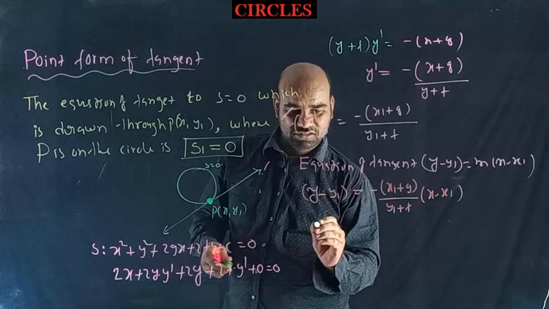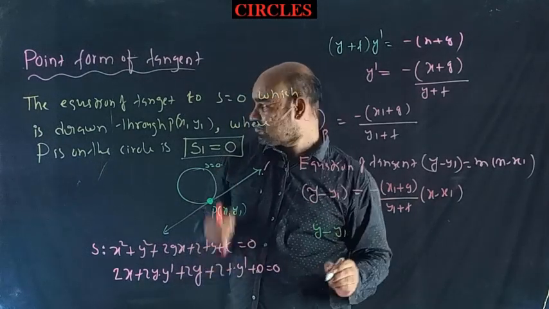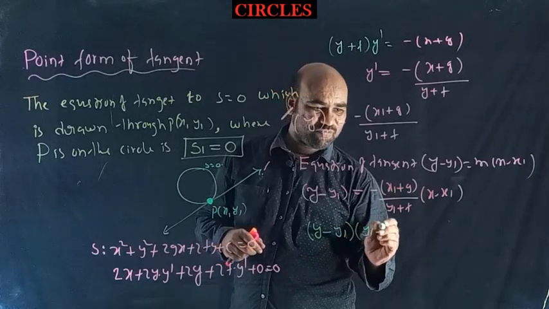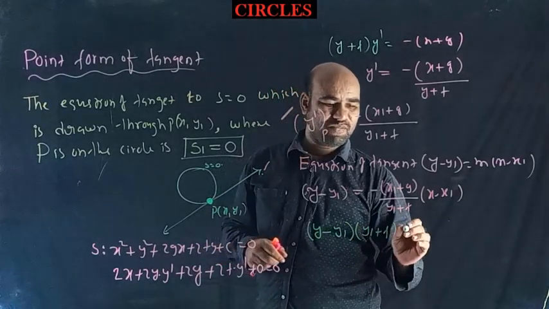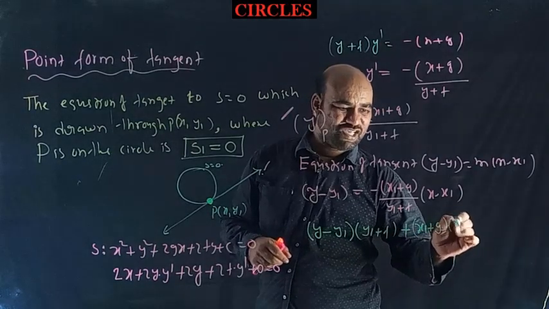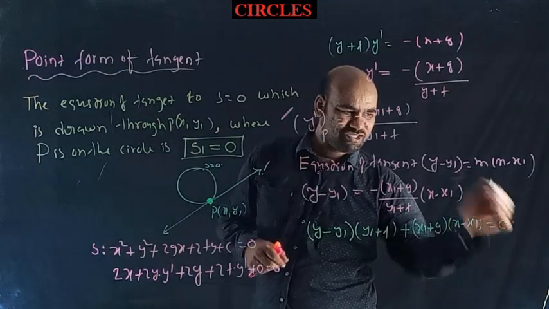So here y minus y1 times of y1 plus f, plus x1 plus g times of x minus x1 equal to 0.